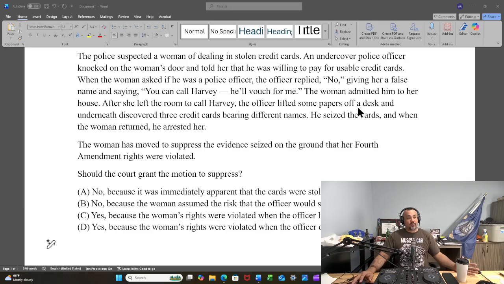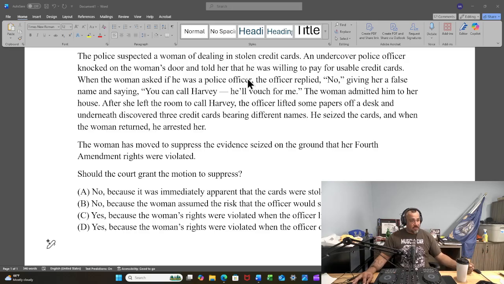And just knowing what we know, we have 2 questions we've got to ask ourselves. One, did he have probable cause to believe that there were stolen credit cards under those papers right here? He lifts papers off the desk. As soon as he did that, that is a search. The question becomes, was it lawful? Did he have probable cause to search?